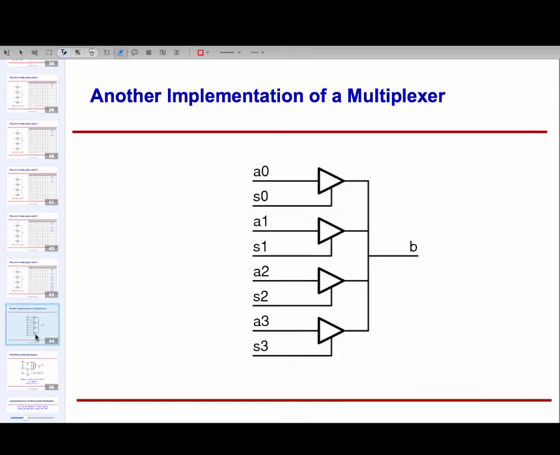So a very elegant, nice implementation of a multiplexer is by using tri-state buffers, which are non-inverting, unlike my previous slide. So I feed A0, A1, A2, and A3 to the input of the buffers, S0, S1, S2, and S3 to the enable inputs, and now I have my multiplexer. So if you have tri-state stuff, I can make very large multiplexers.